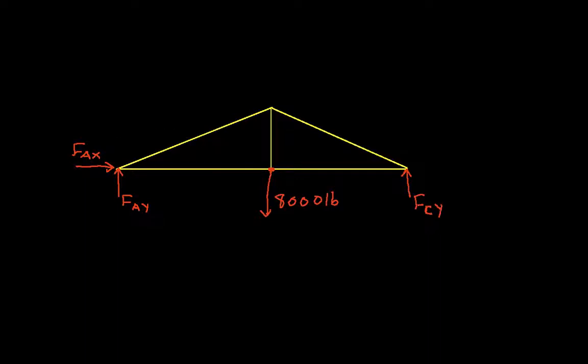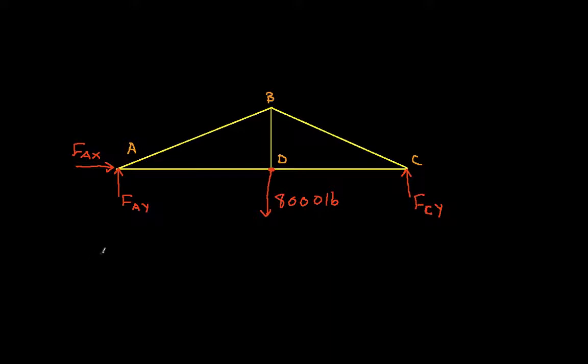And we'll actually label these points: A, B, C, and D. Okay, so this is our free body diagram of the entire structure. And we need to analyze it to see what these forces are, FAX, FAY, and FCY.